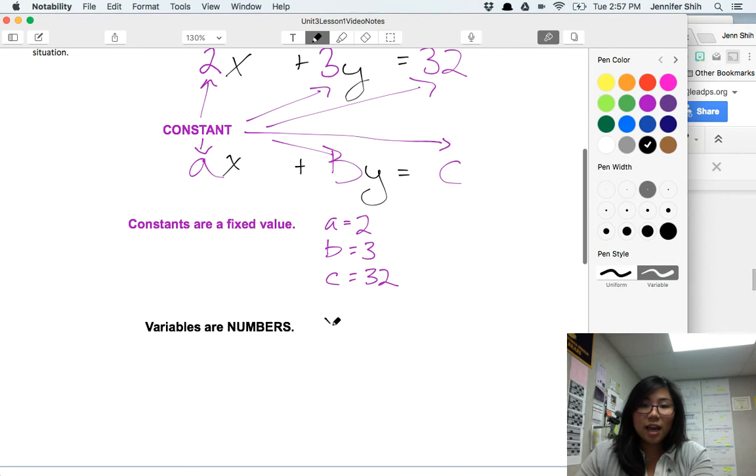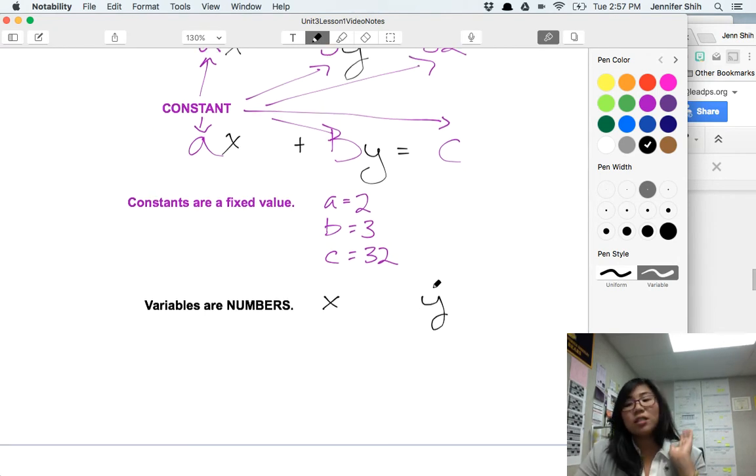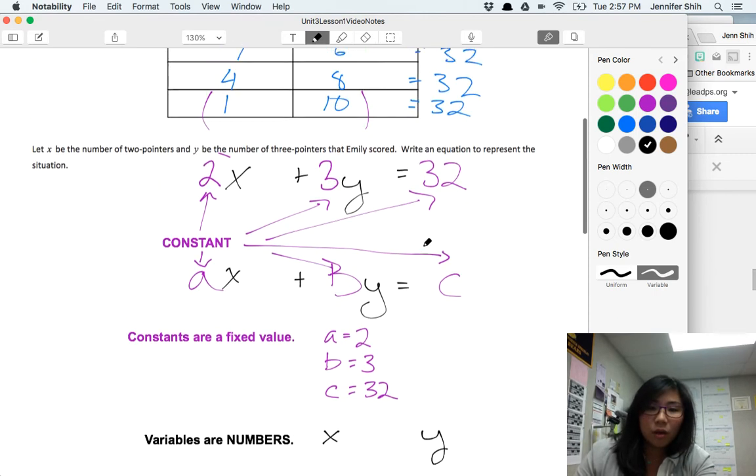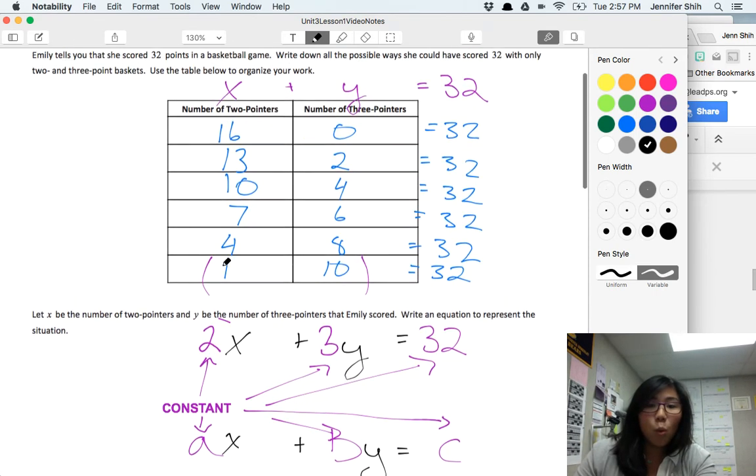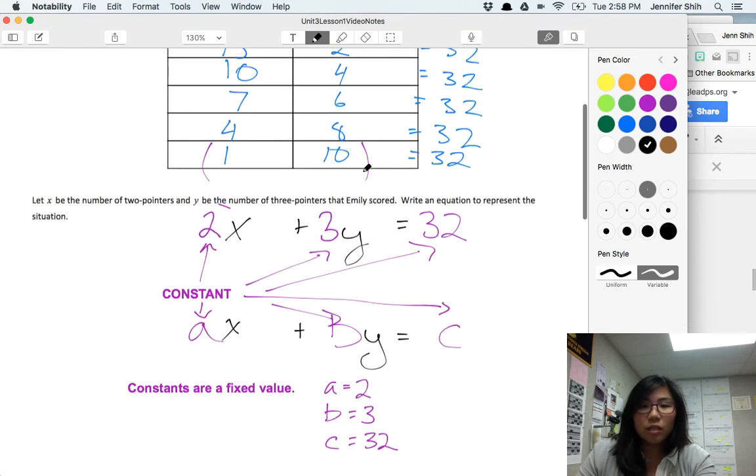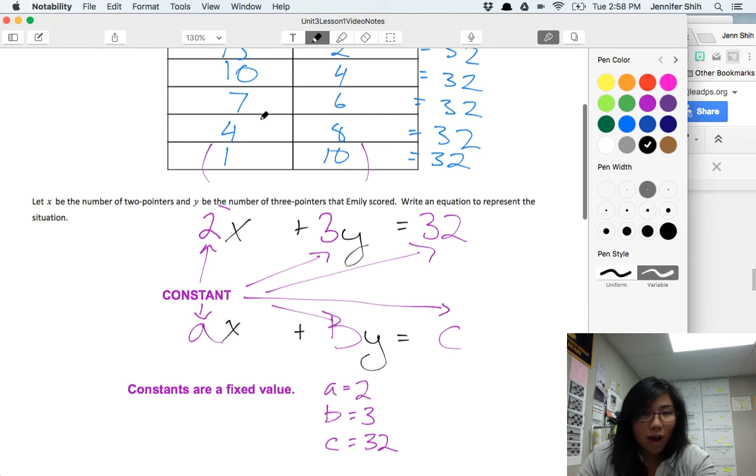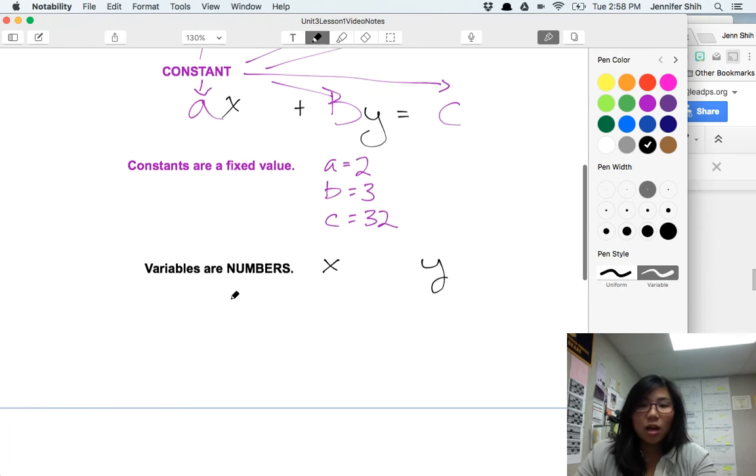In this case, X is a variable and Y is a variable, so we're going to substitute numbers in for X and Y. Now, how do we know which numbers to substitute? Well, in the case of Emily, we can substitute 1 two-pointer in for X and solve for Y, or we can substitute 10 for Y to get 1 for X.